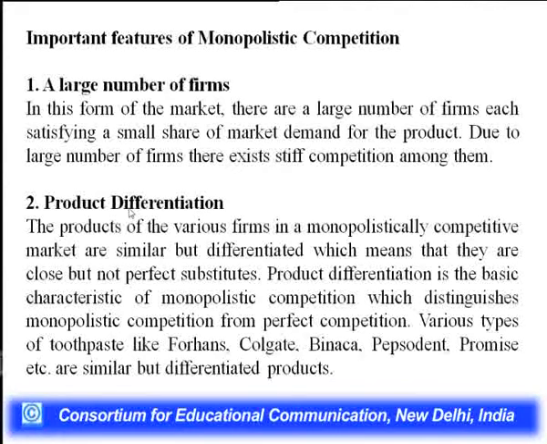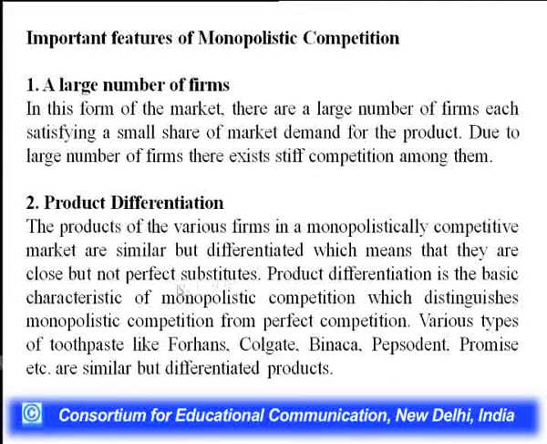Another important feature is product differentiation. The products of various firms in a monopolistically competitive market are similar but differentiated, which means that they are close but not perfect substitutes.